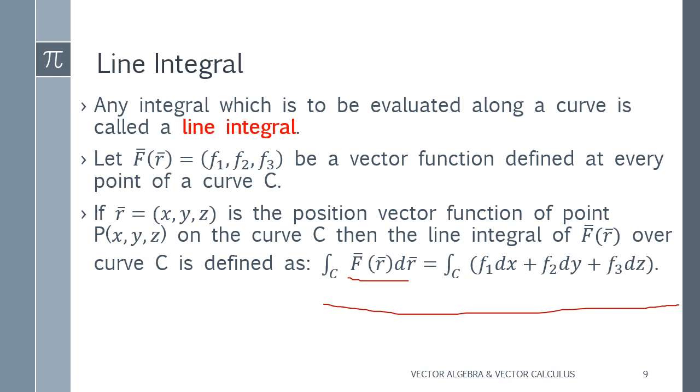Okay, and the same F bar is given by the equation F1, F2 and F3. So the multiplication of these both will be F1 dx plus F2 dy plus F3 dz. This is the main formula for the line integral, and it is very important for the examples also, and its examples we will do in our next sessions, because here I am just giving its overview.